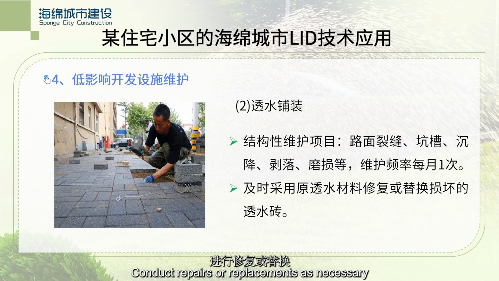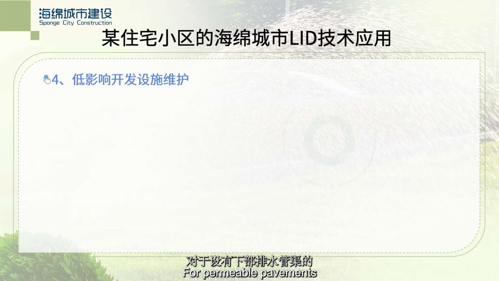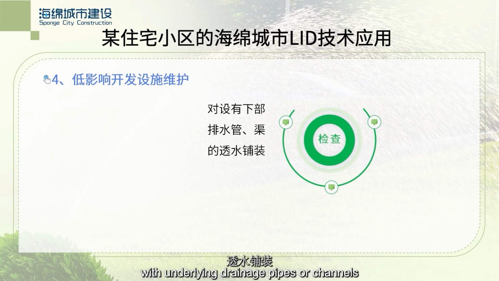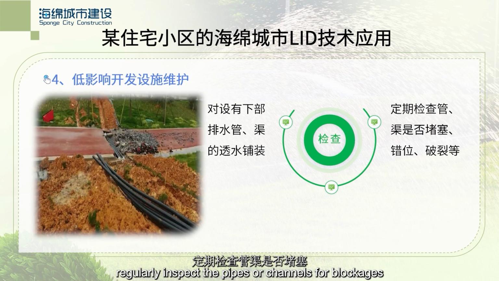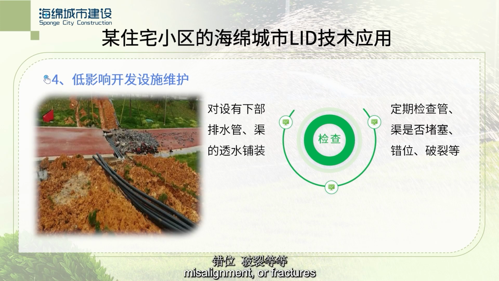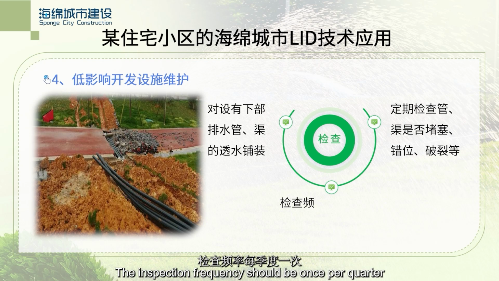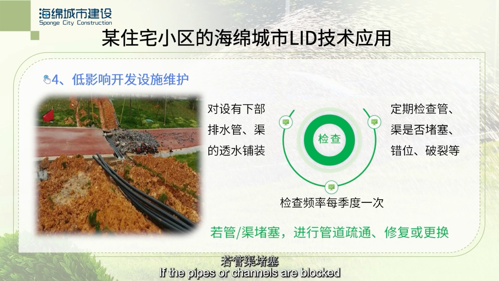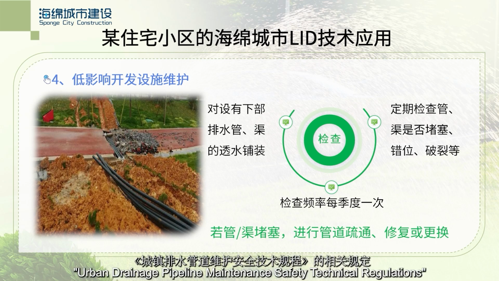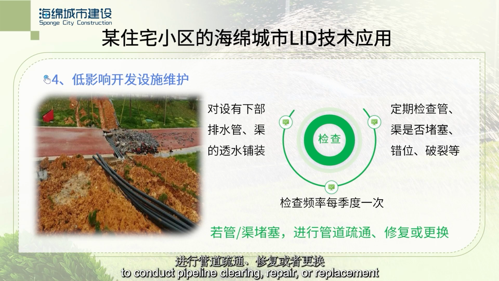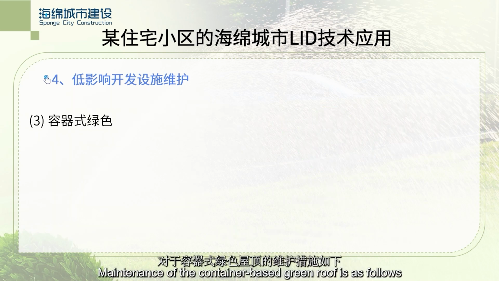Conduct repairs or replacements as necessary. For permeable pavements with underlying drainage pipes or channels, regularly inspect the pipes or channels for blockages, misalignment, or fractures. The inspection frequency should be once per quarter. If the pipes or channels are blocked, follow the relevant provisions in the Urban Drainage Pipeline Maintenance Safety Technical Regulations to conduct pipeline clearing, repair, or replacement.